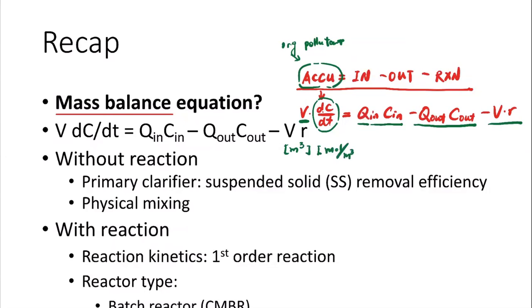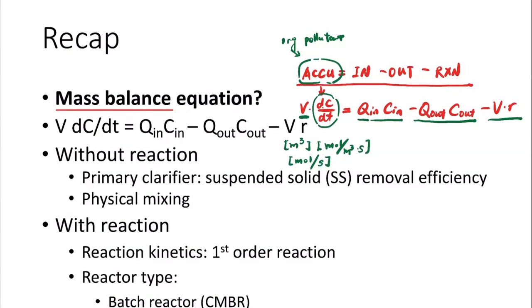And then you further divide that by time, so you have a second term here. So basically this means that it's going to be mole per second. This is the accumulated amount for this organic pollutant, shown in the number of moles per second, or per unit of time.